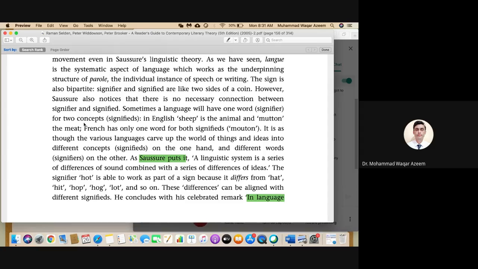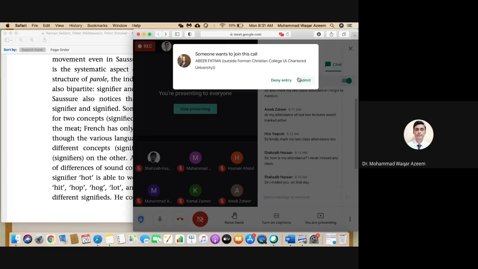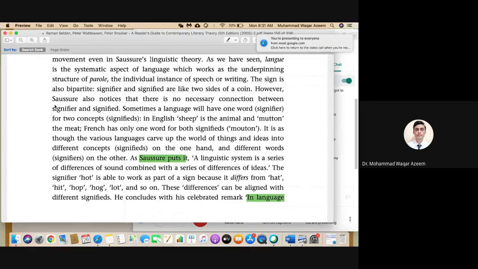This will be an endless process, and it will not lead you to an ultimate final signified. Rather, you might have noticed it already: if you keep going like that, you will be even more confused.